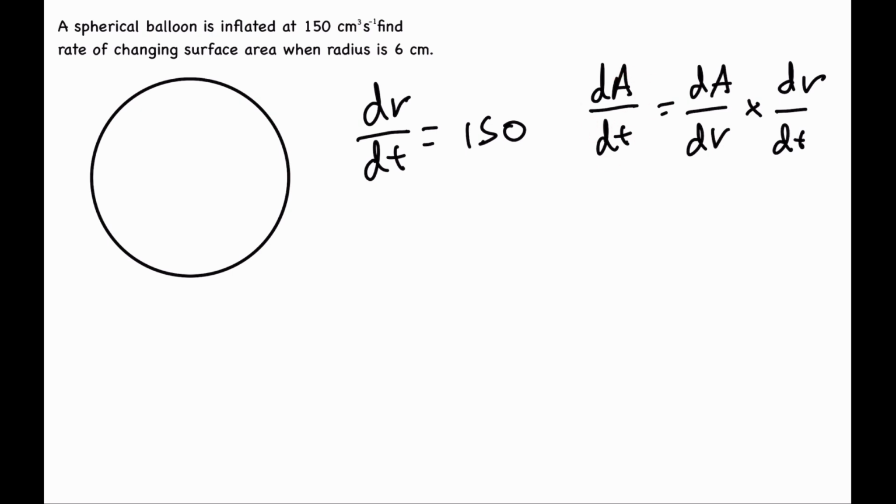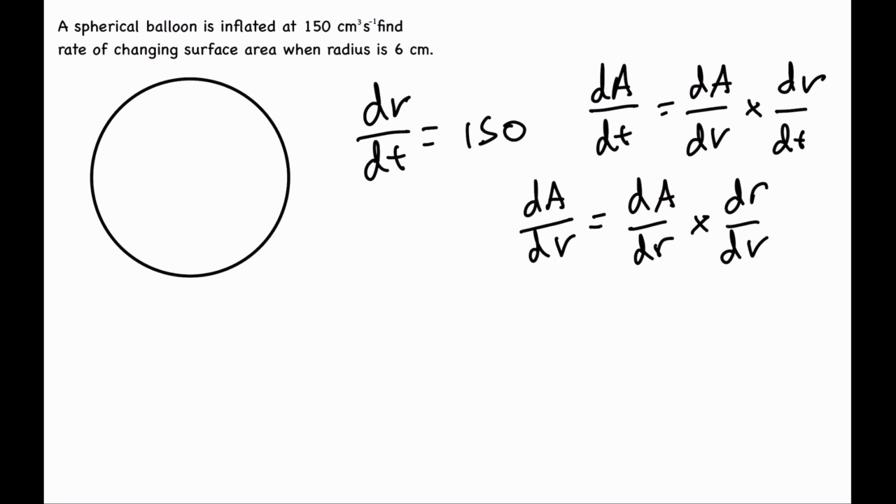So to find dA over dt, first we need dV over dt, which we just found, which is 150, and dA over dV, which we can find using a different equation. dA over dV can be equal to dA over dr, because we can easily find an equation of surface area in terms of the radius, multiplied by dr over dV, which is also easy to find, because we can find an equation of the volume in terms of the radius, since it's a spherical balloon.